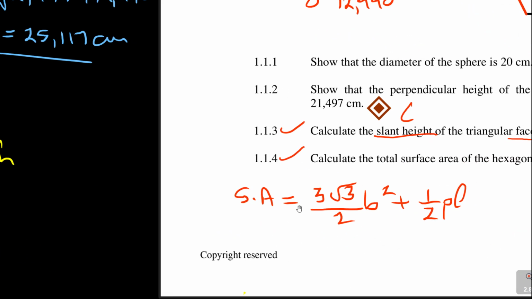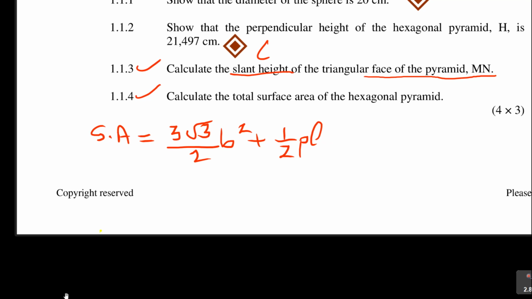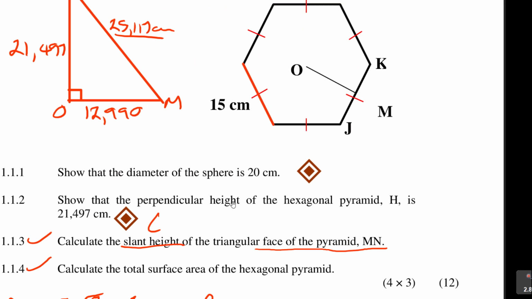All right. So you can now use this formula to say surface area is equal to 3 square root of 3 over 2 times b, which is 15 squared like previously, plus 1 over 2. Now what is the perimeter of the base? Perimeter means distance right around.